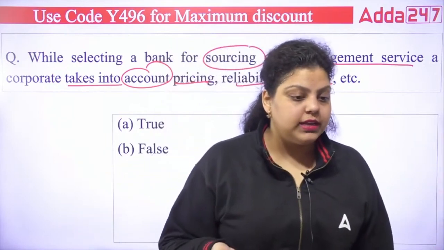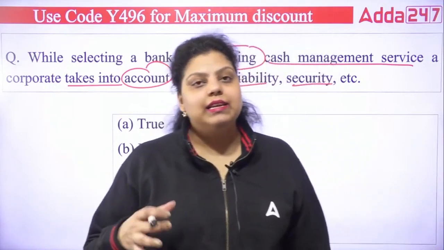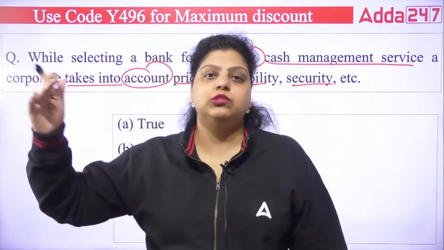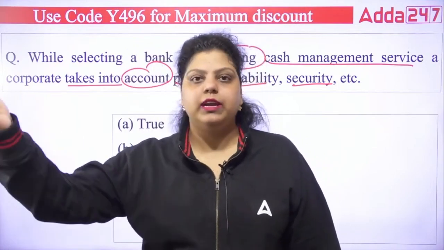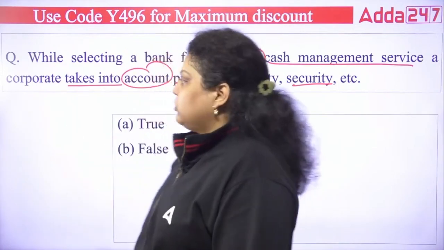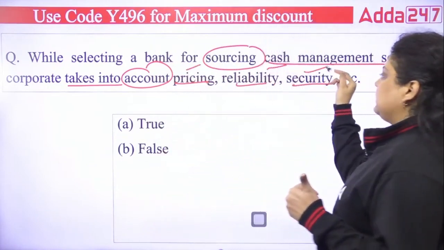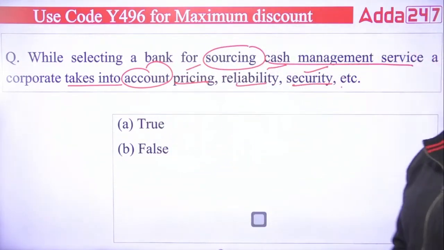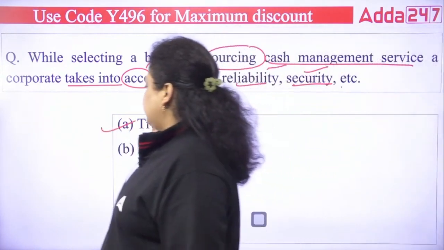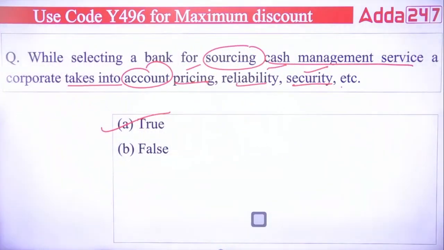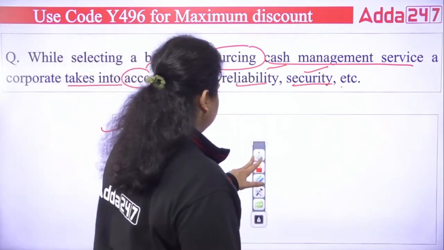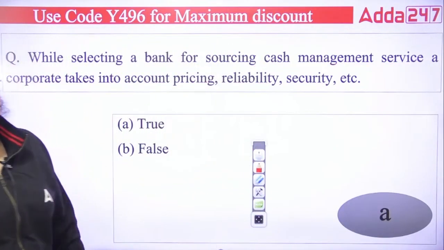When the bank is providing cash management service, the bank also has to study your business and then provide you the service. So the corporate actually checks the pricing, the reliability and the security that the bank offers in the form of cash management service. So the statement is true. A will be the right answer.